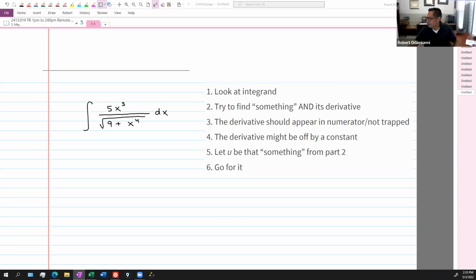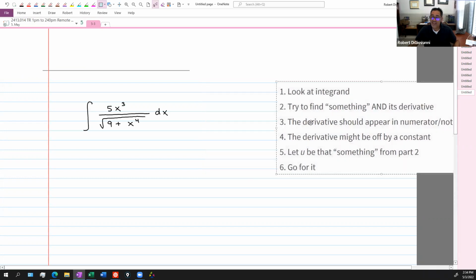All right, time's up. I have some interesting things here. So let's talk about some things it's not. I had this as a possibility: u is equal to just x cubed. Well, if you said u is x cubed, the derivative of that with respect to x would be 3x squared.